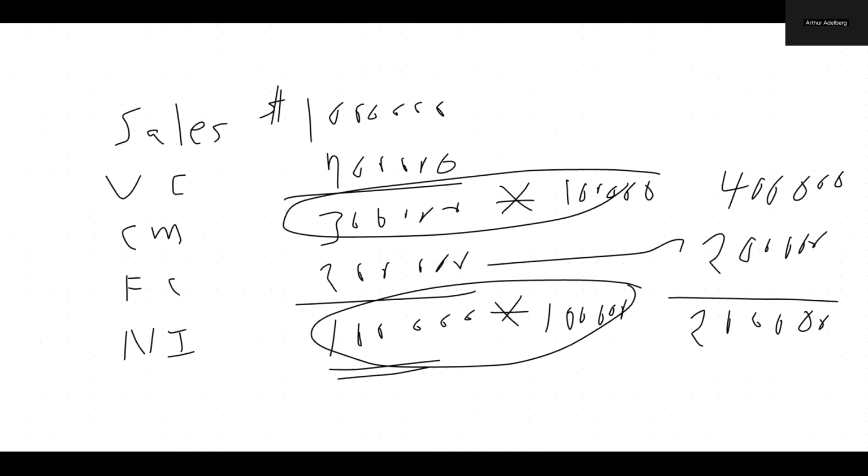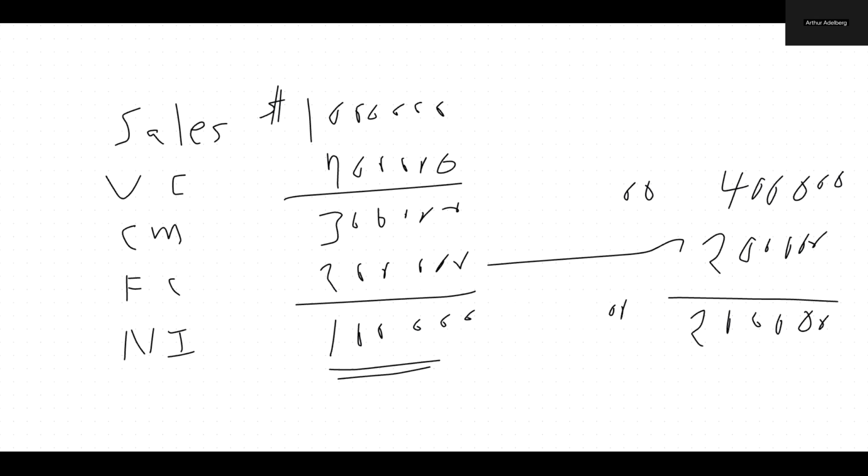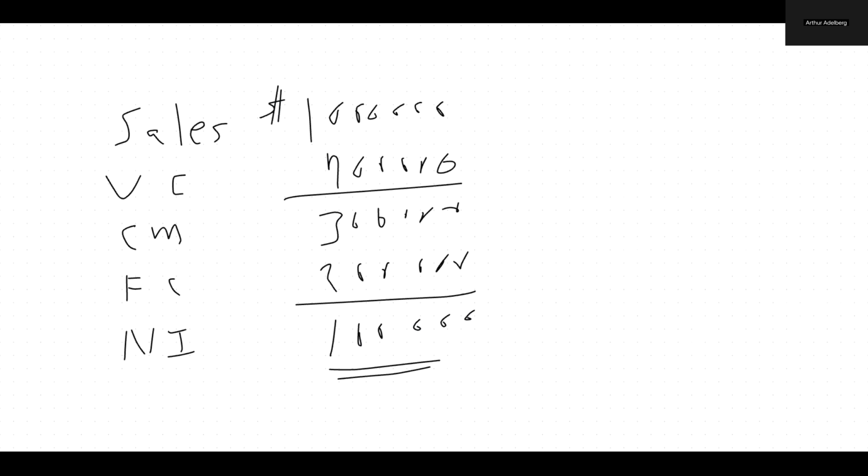Now, what if I subtract something? What if I subtract 18,000, what we just got? What's my new contribution margin? If my contribution margin is going to go down 18,000.